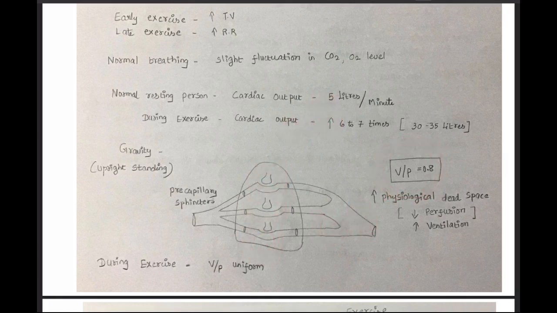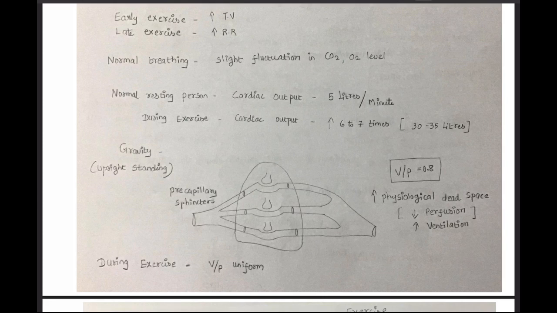So what happens during exercise? There is 6 to 7 times the normal cardiac output. That is, instead of 5 liters per minute, your heart will pump 30 to 35 liters of blood.